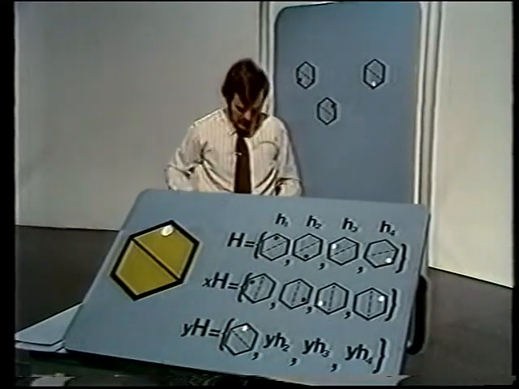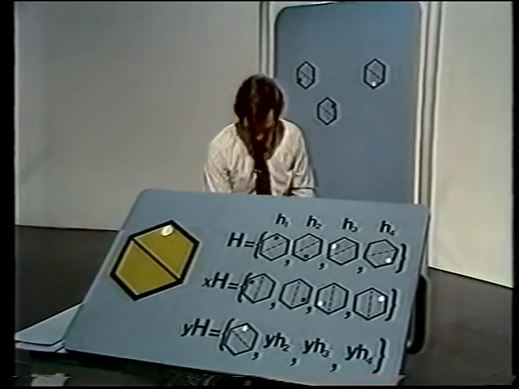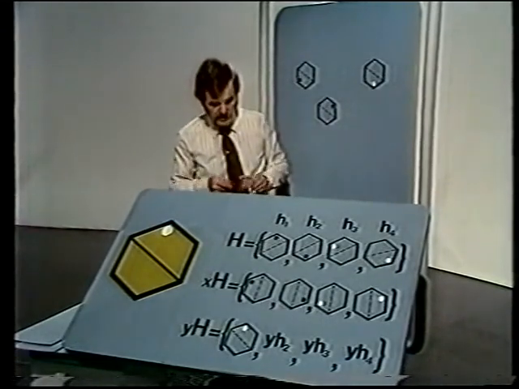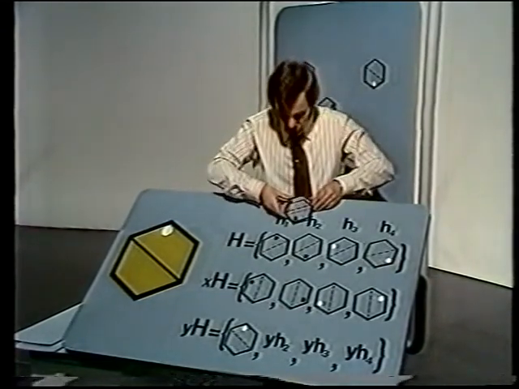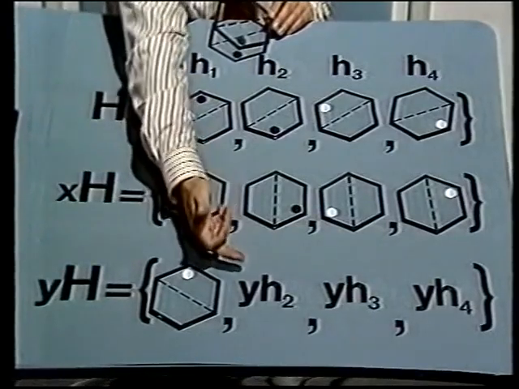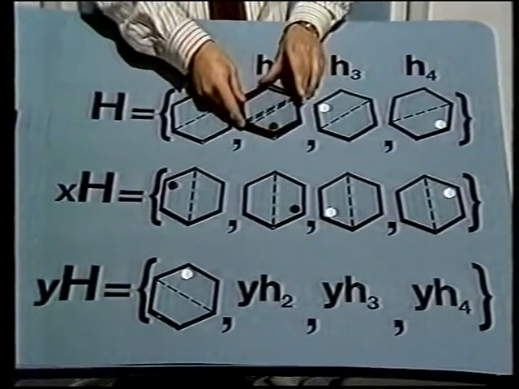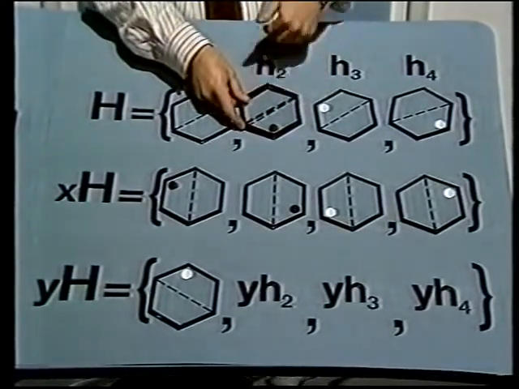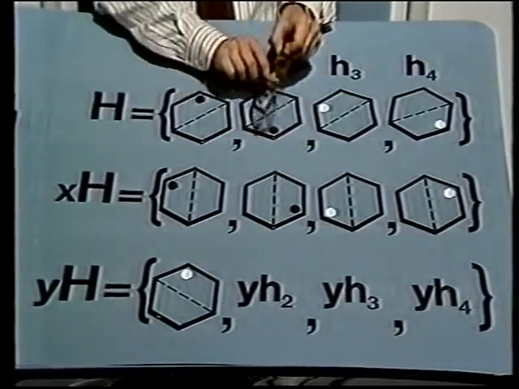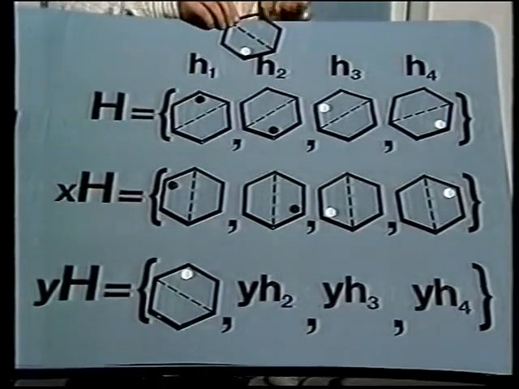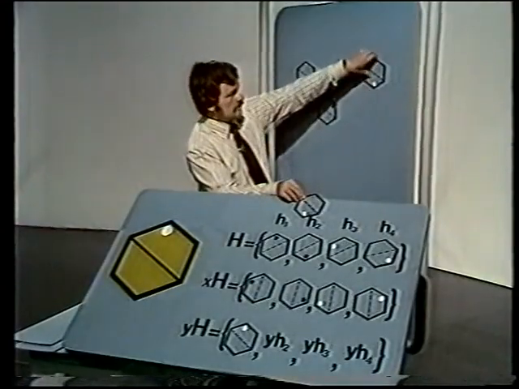What about YH2? Well, as we did with X, you can probably see how we can work that out. Taking this model, to work out YH2, all I want to do is to apply Y to the H2 position. So going to the H2 position, which is there, we apply Y, which was reflection in the vertical axis, giving us that. Here's YH2.